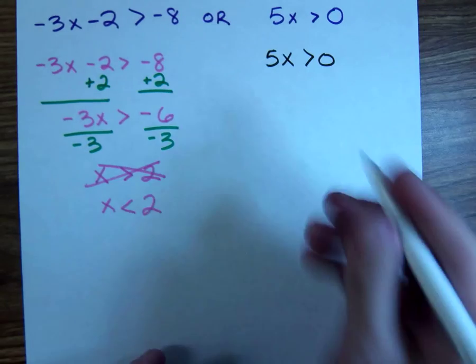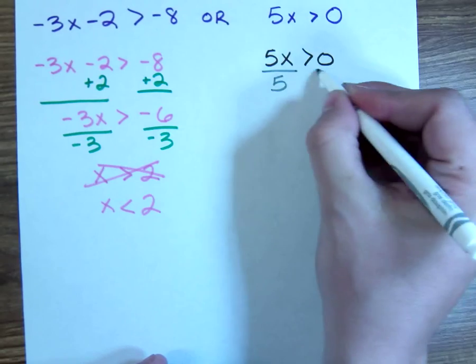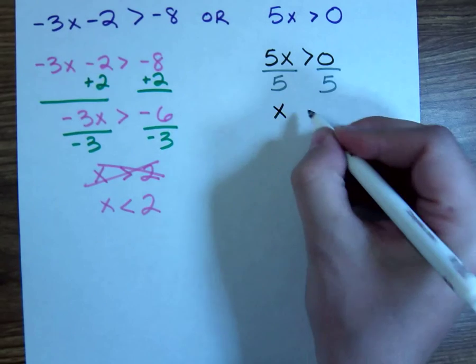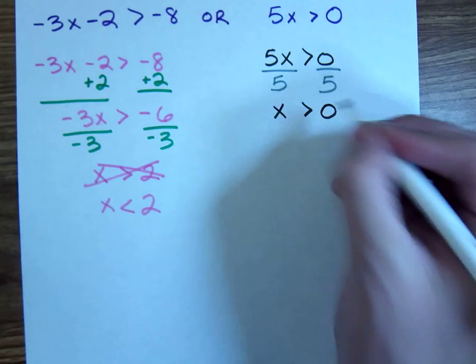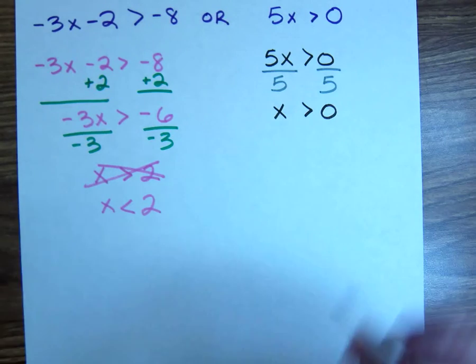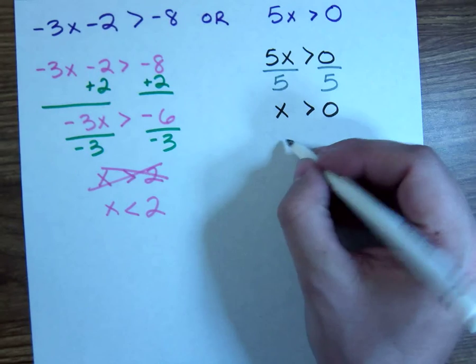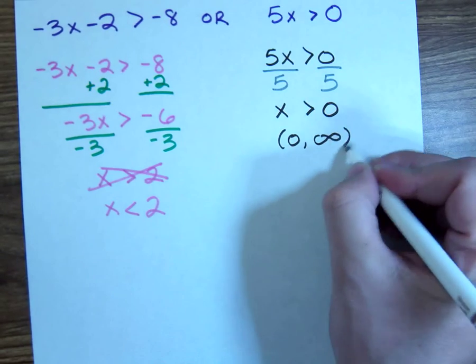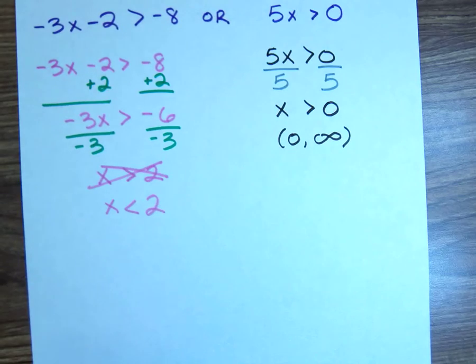This one's really easy. We'll divide both sides by 5. Since we're dividing by a positive, no need to flip the sign. And 0 divided by 5 is 0. So x is greater than 0 means we go from 0 on up to infinity. I'm going to try to do this without the number line to see if you can do it.